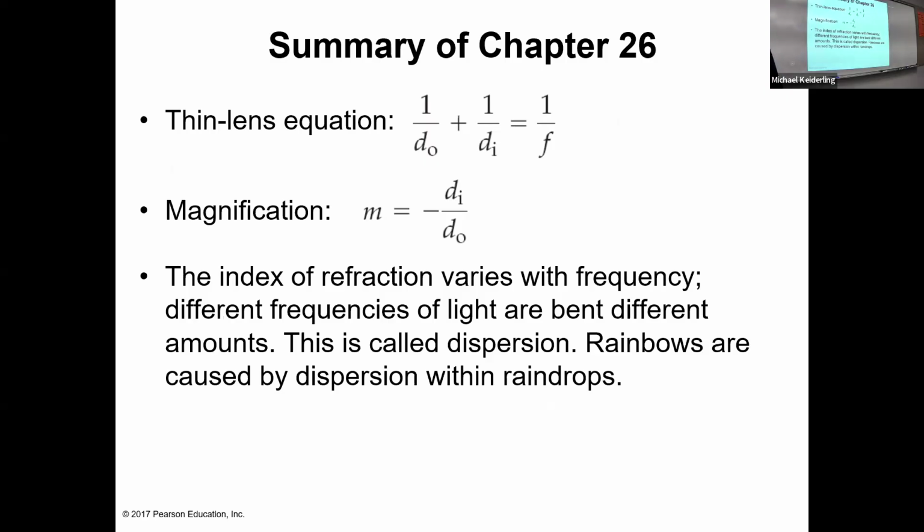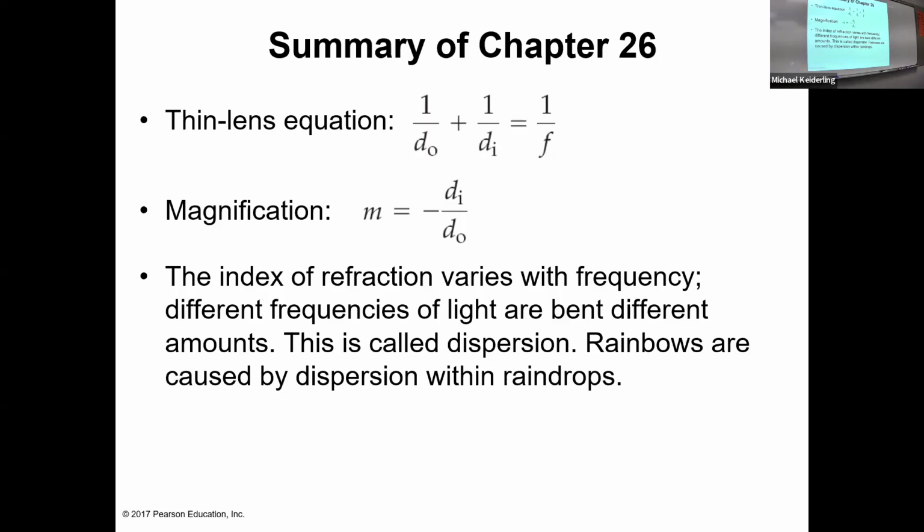Positive images are on the far side of a lens. And for the focal length, concave lenses are negative, concave mirrors are positive, and convex mirrors are negative focal length, convex lenses are positive focal length.